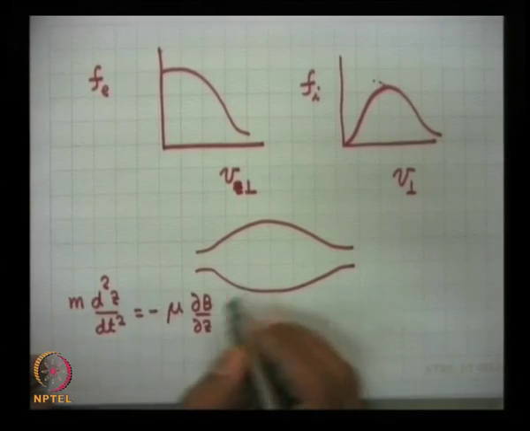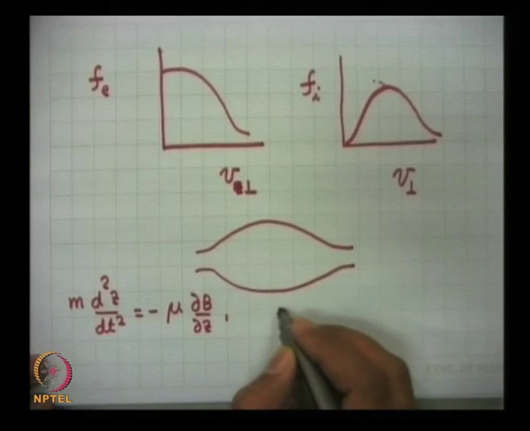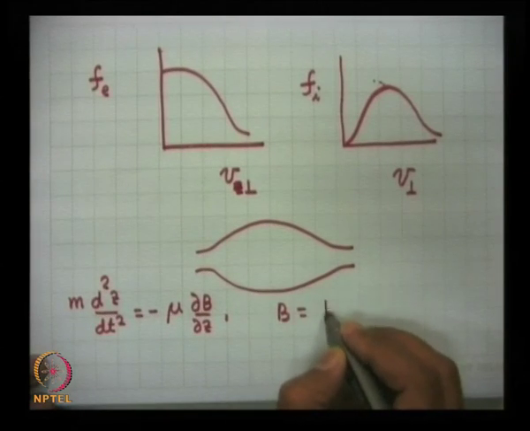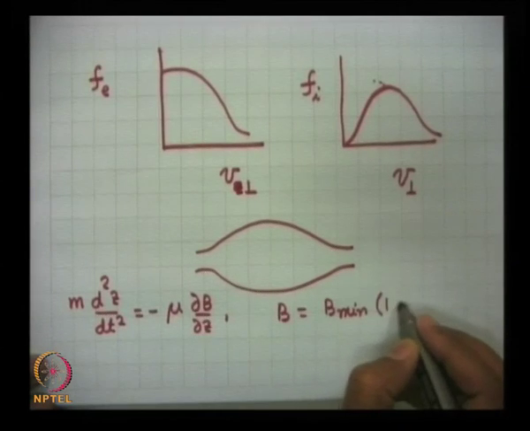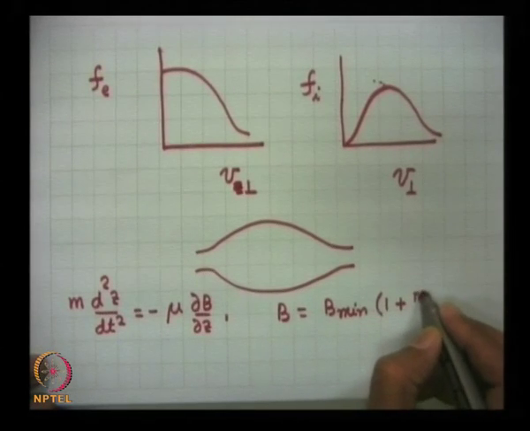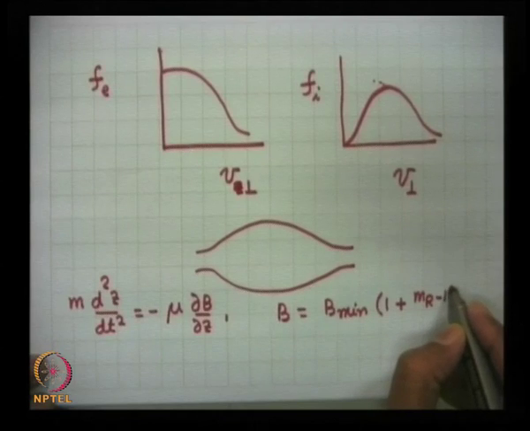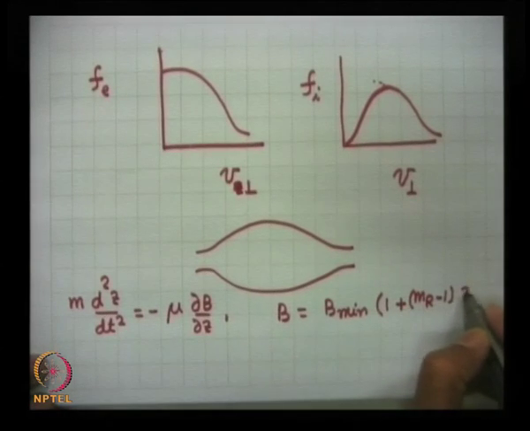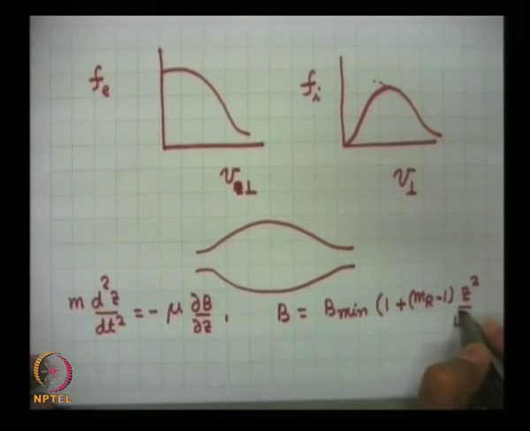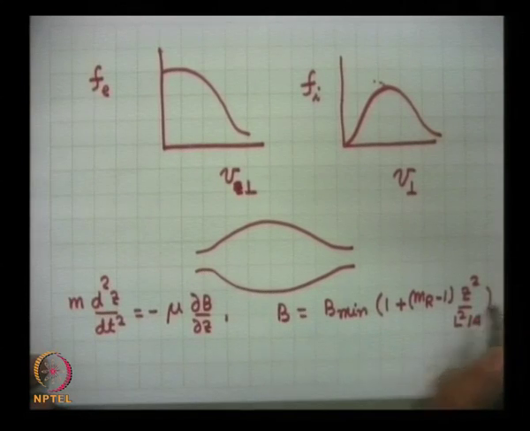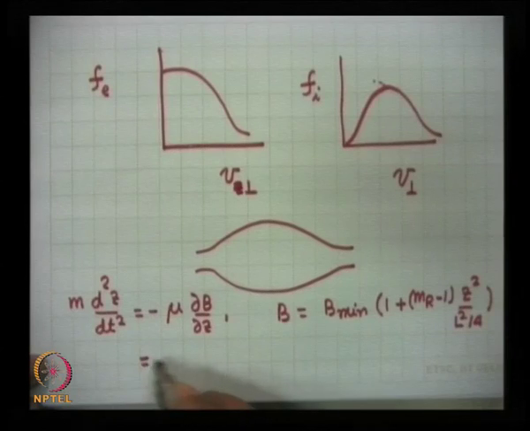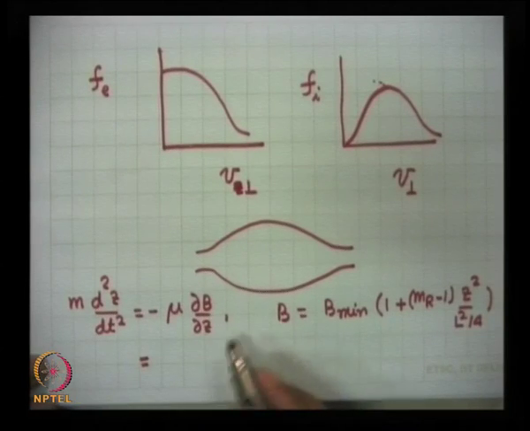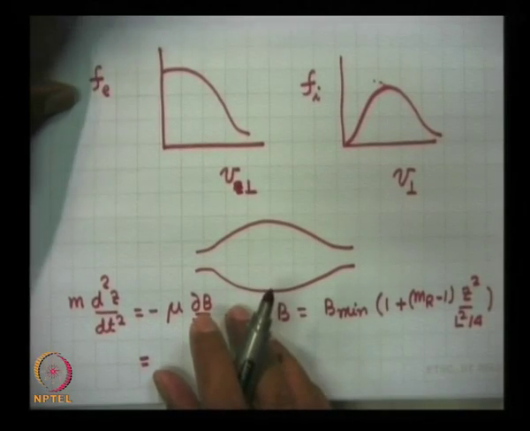And delta B by delta z, if I model B as B minimum into 1 plus mirror ratio minus 1 multiplied by z square upon L square by 4, then it has the character of simple harmonic motion. So, let me just write down this equation.